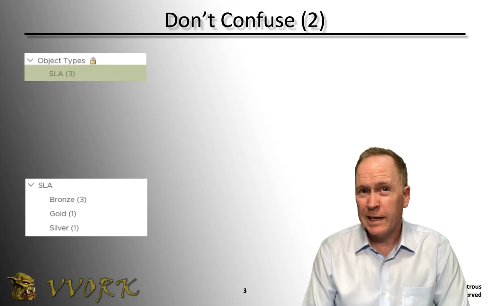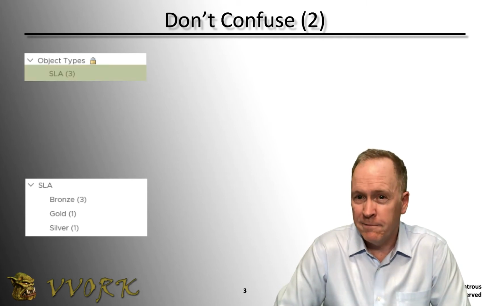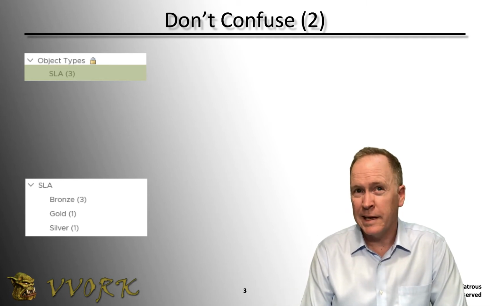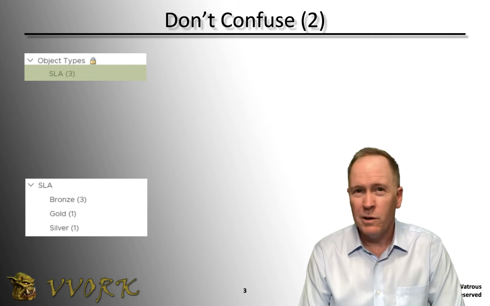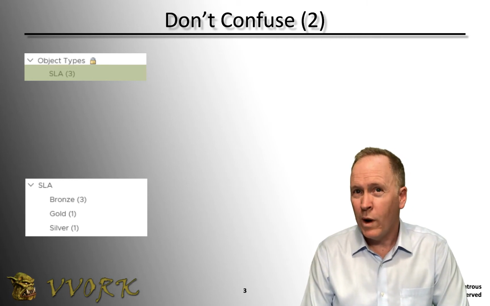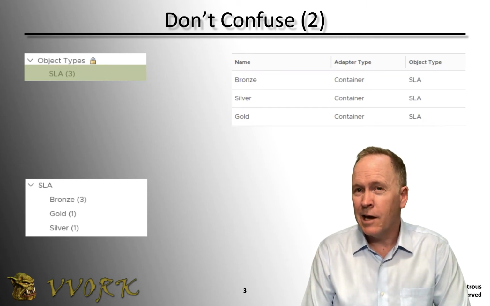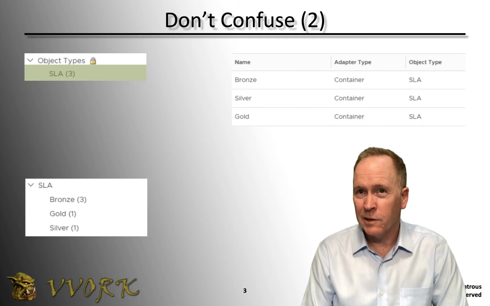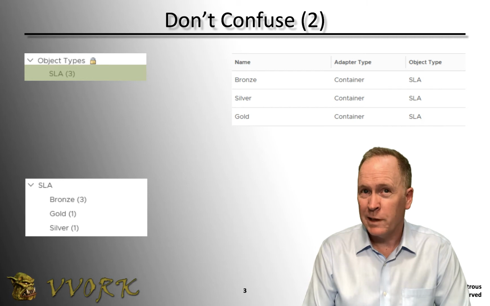If you select the tag value called SLA, notice what gets displayed is not the hosts that we tagged with our tag values of gold, silver, and bronze. Rather, what you see are the objects that correspond to the SLA tag values that we created.